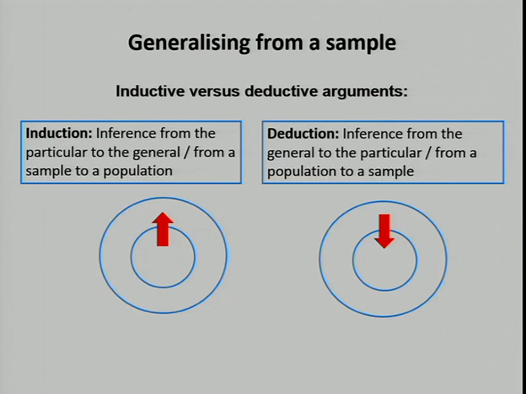If you have this type of an argument, generalizing from the particular to the general or from a sample to a population, can that ever be deductively valid in the sense that true conclusions are guaranteed to follow from true premises? So can these types of arguments ever be deductively valid in the more general sense that we were talking about earlier in the semester?